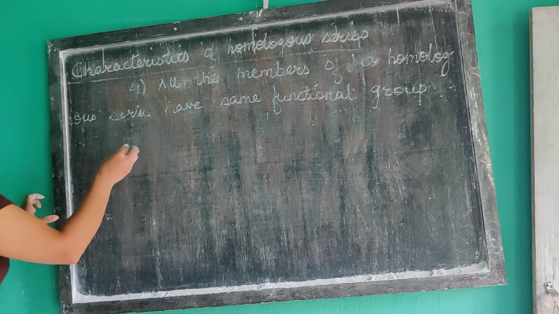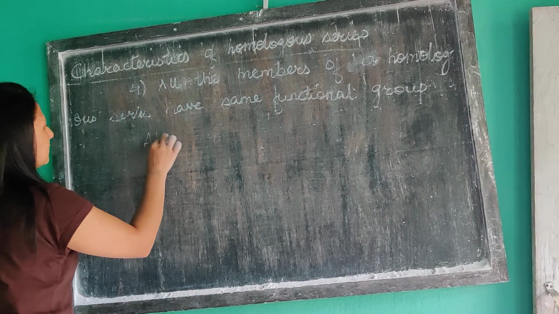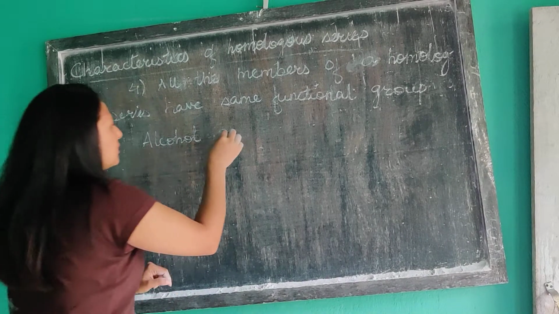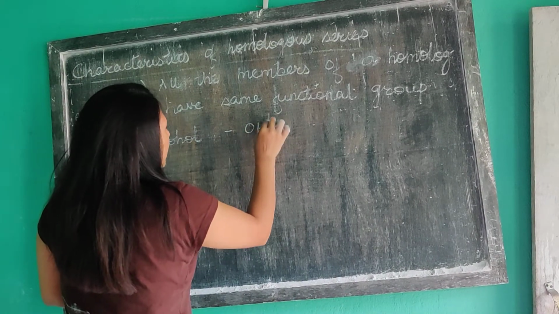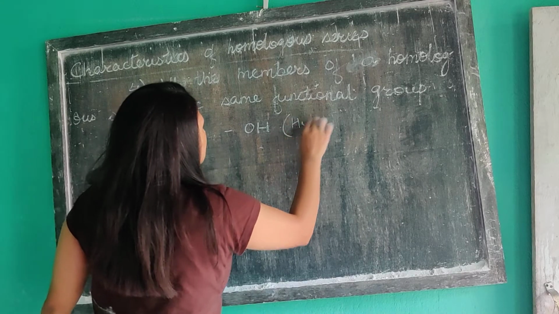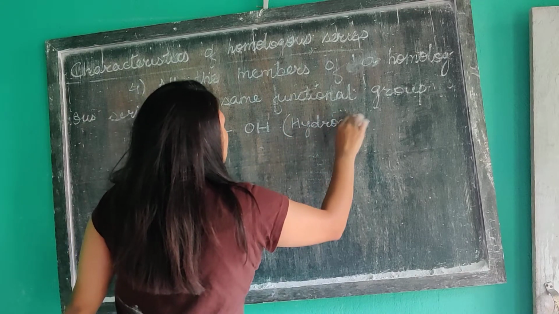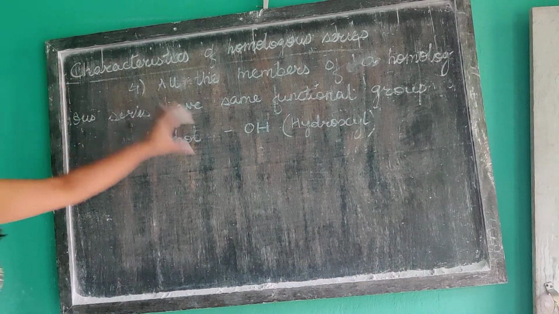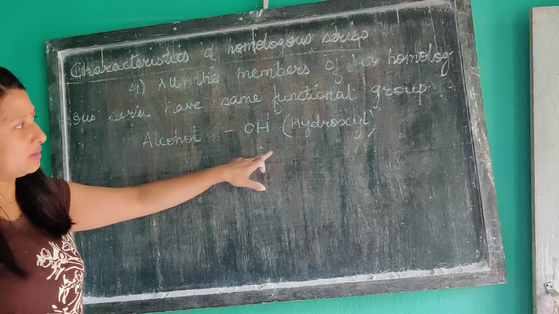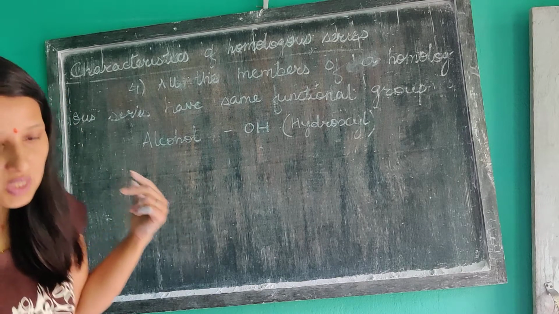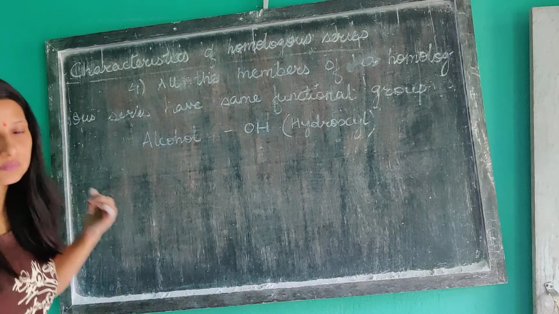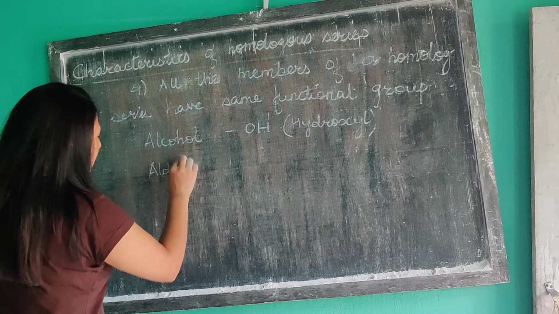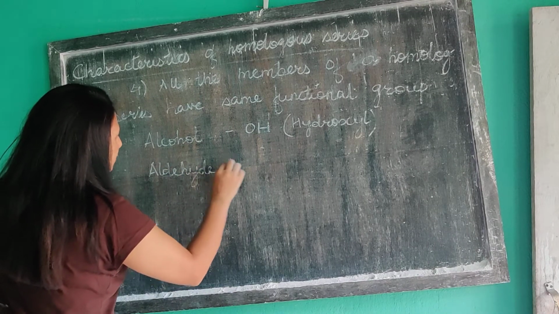For example, the functional group of alcohols, alcohol is the name of the family, its functional group is always OH, that is the hydroxyl group. The functional group of all alcohols is OH. Okay, similarly in case of aldehydes, what is the functional group of aldehydes?